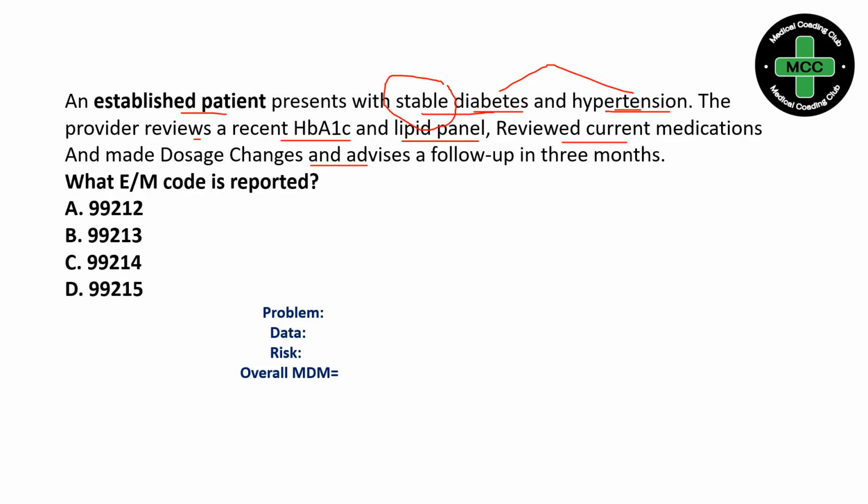Then the provider reviews a recent HbA1c and lipid panel. So here the provider is reviewing the patient records, and he also reviewed the current medication and made dosage changes. So Rx management is there. He's not just saying continue the current medication, instead he is making some changes. And he advises follow up in 3 months.